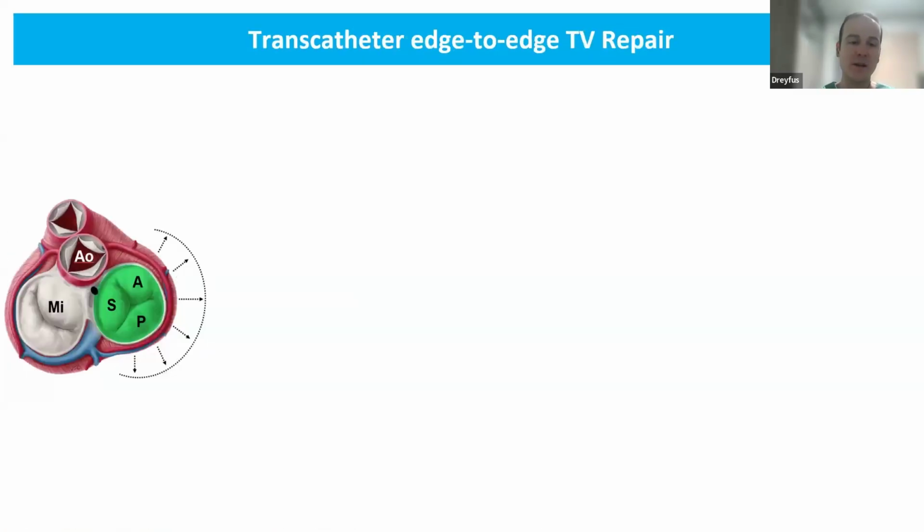So what are we expecting with edge-to-edge repair? First, you have to understand the anatomy and the physiopathology of the valve and the annulus. When you have a tricuspid annular dilation, this will occur at the free wall, meaning at the anterior and posterior level, the lateral side, while the septal leaflet is anchored at the level of the septum, the mitral valve, the aortic valve, so it won't move, it won't dilate.